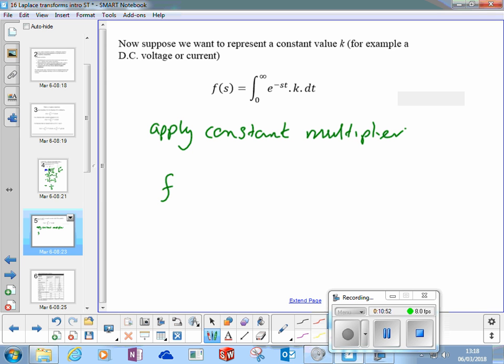So we end up with F(s) is equal to K times the integral between 0 and infinity of e to the minus st dt.